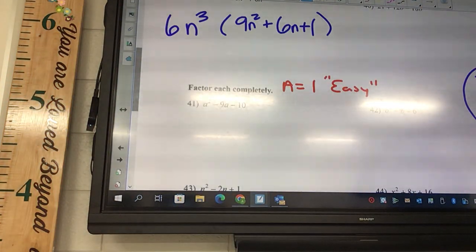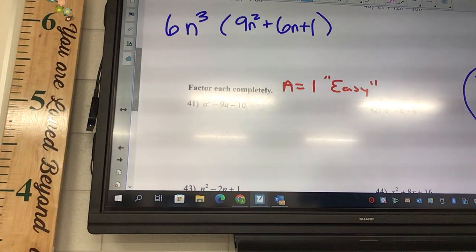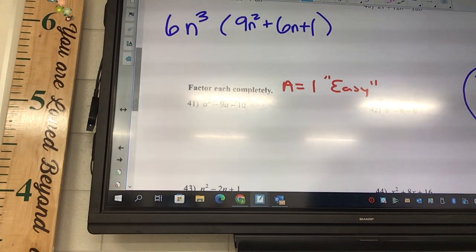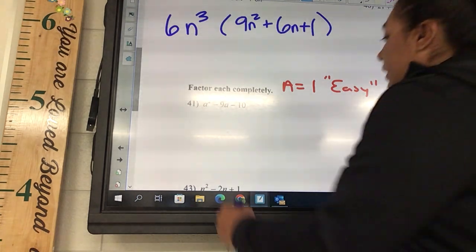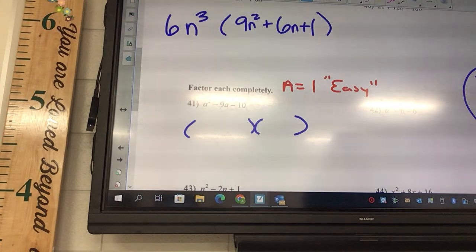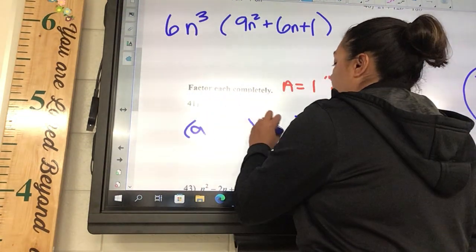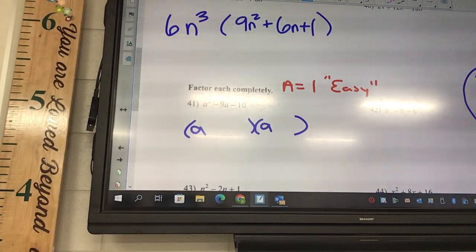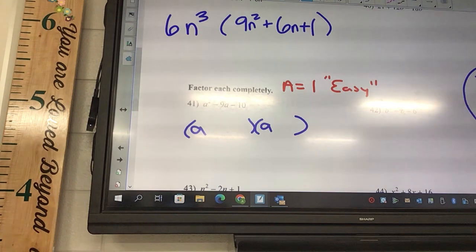Okay, factor each completely. The first couple where A equals 1 are most definitely the easy ones, I would say. Okay, so you're going to draw 2 sets of parentheses, and if you do need this chart, make sure that it gets put on your paper. You're going to draw 2 sets of parentheses, and we're going to fill in n and n. Then we're going to make a list of factors of what number? 10.